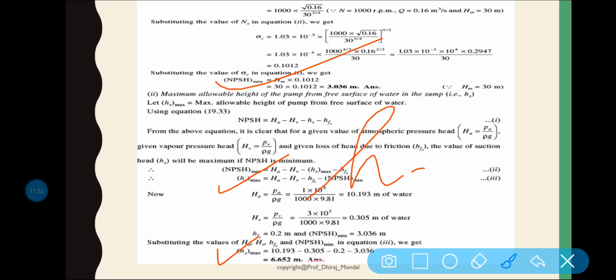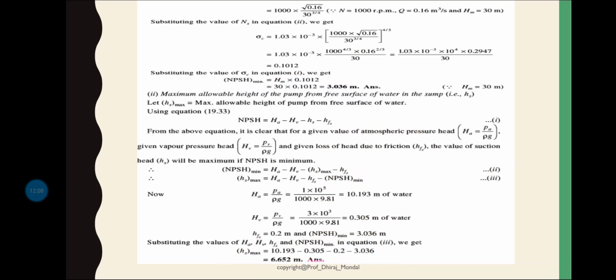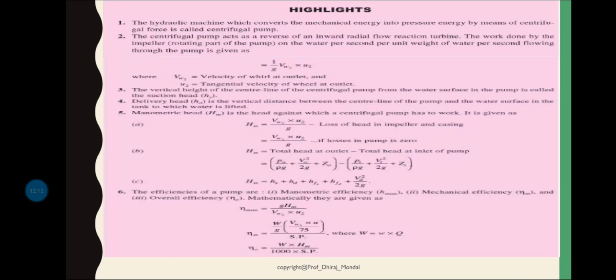Okay, so HS max is equal to HA atmospheric pressure head minus vapor pressure head minus HFS minus the net positive suction head minimum. So the answer is your 6.652 meter. So I hope it is clear.